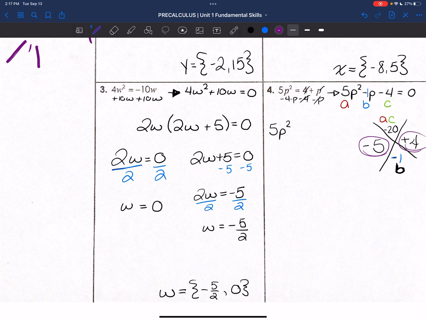So instead of a b value like so, we're going to rewrite it as a -5p plus 4p, and then finish writing your equation, minus 4 equals 0.